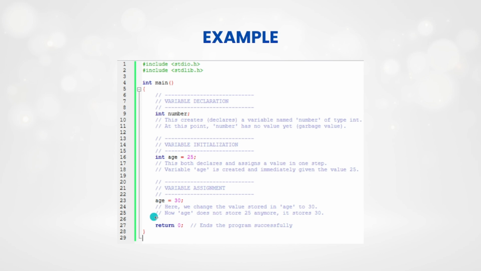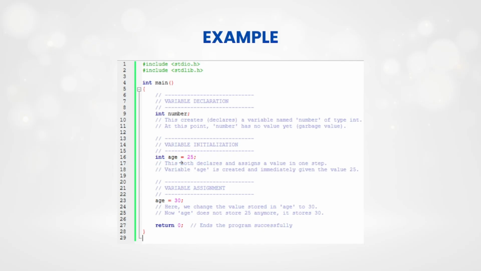Next, we have variable assignment. Here we have age is equal to 30. So here we change the value stored in age to 30. Now age does not store 25 anymore. It stores 30. You can see here we didn't declare a data type because we already initialized it at line 16.